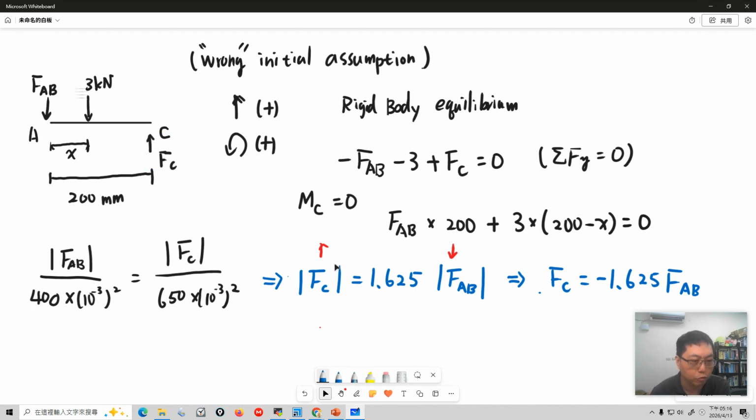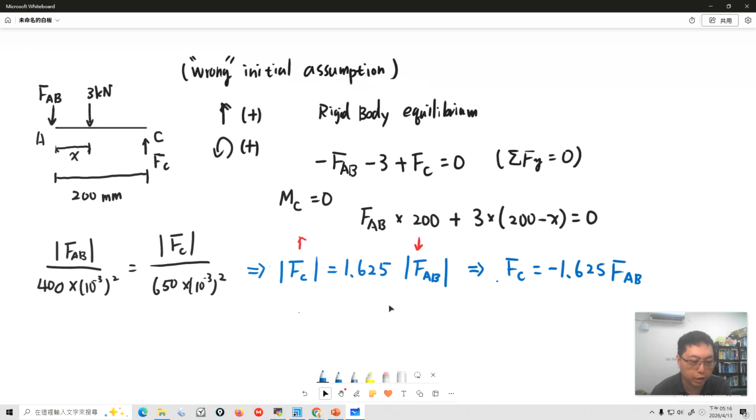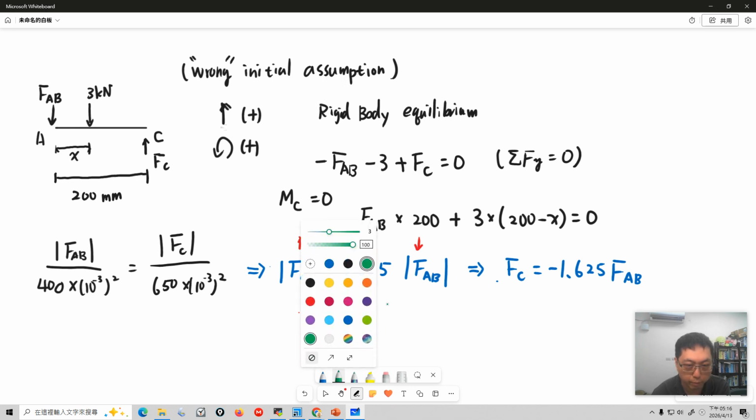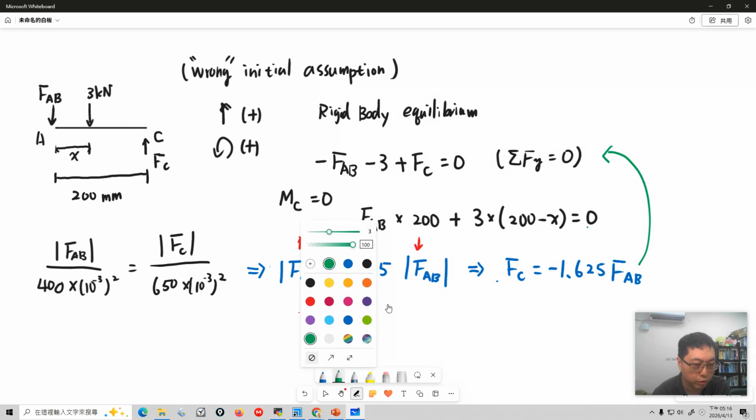If we want to remove this absolute value bracket, we need to put the minus sign here. Now we can put this relation into this equation, which is much easier to solve.